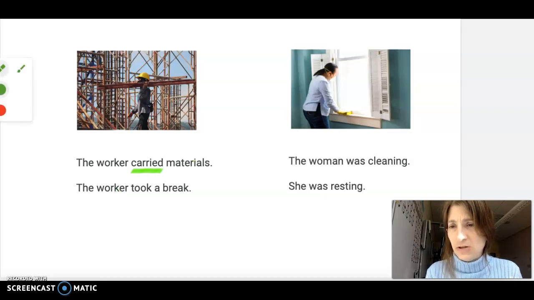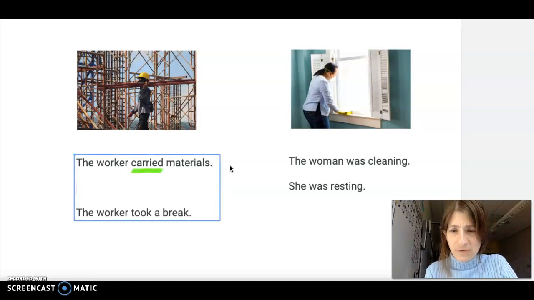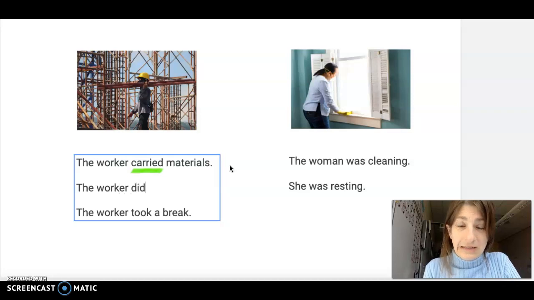So I'm going to have to add in some words to make it look different. Let me just change this and add. So the worker carried materials. I'm going to have to change it to say the worker did is my helping word. Then I add not.